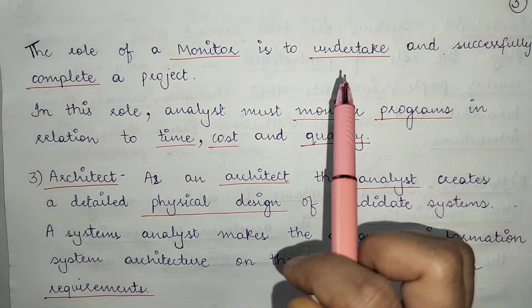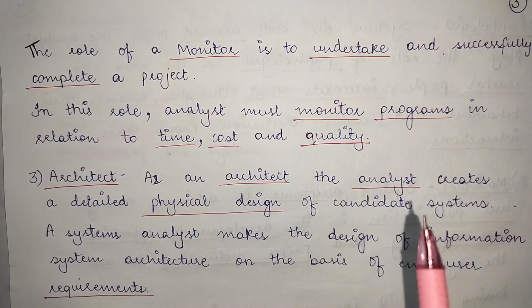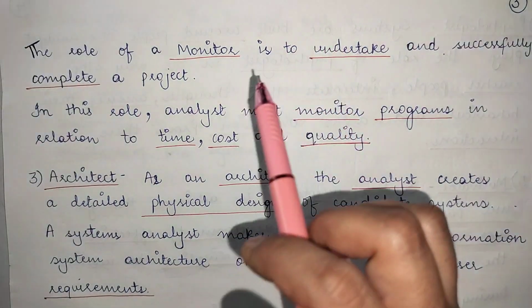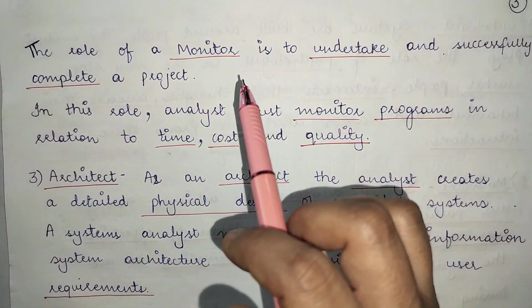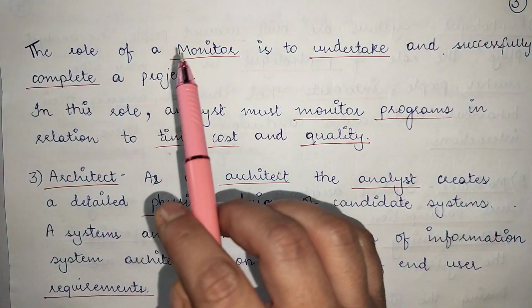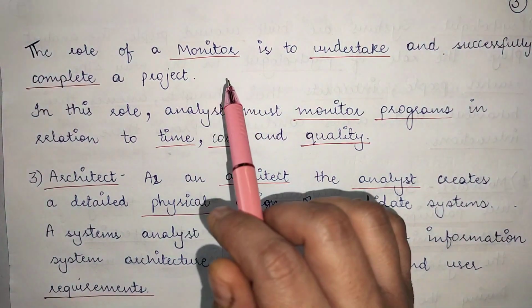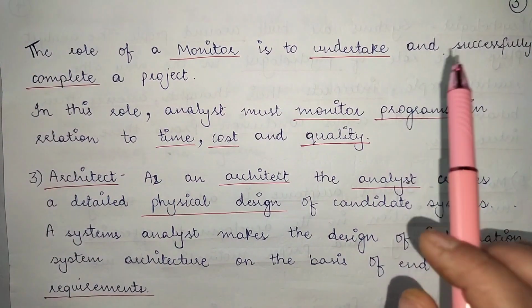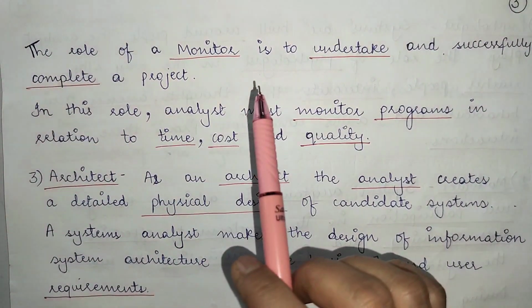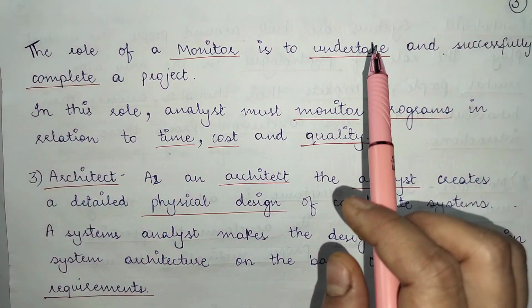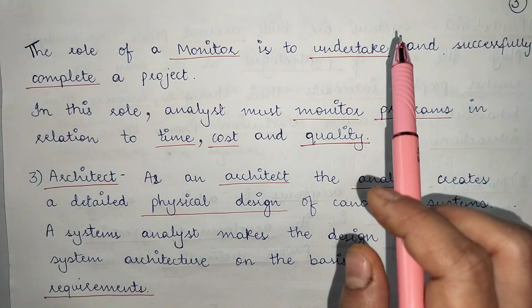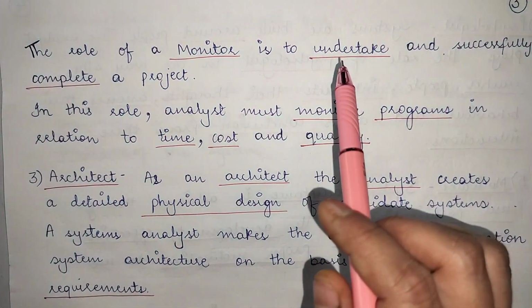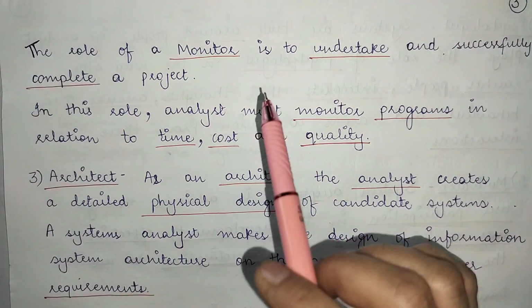Similarly, for a system analyst also, as a monitor, the responsibility is to undertake and successfully complete a project. He should not just undertake it, but ensure that it is completed successfully.